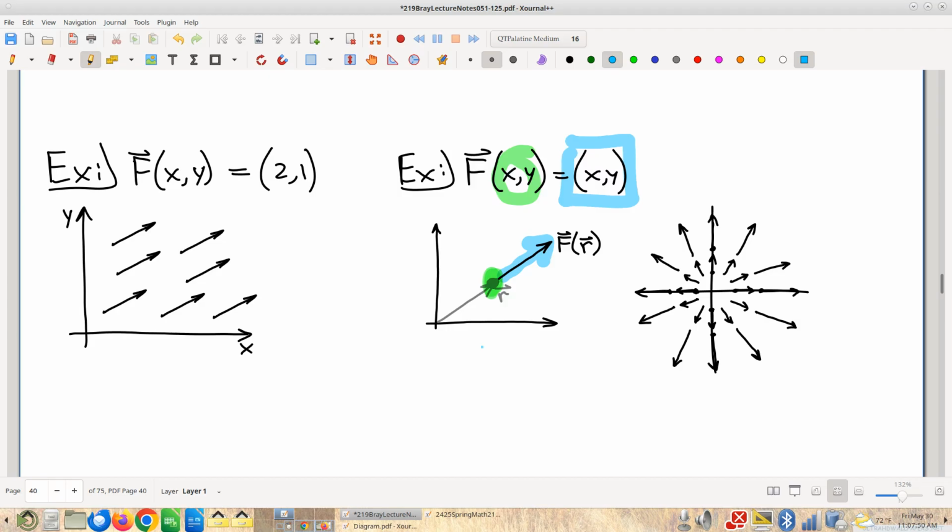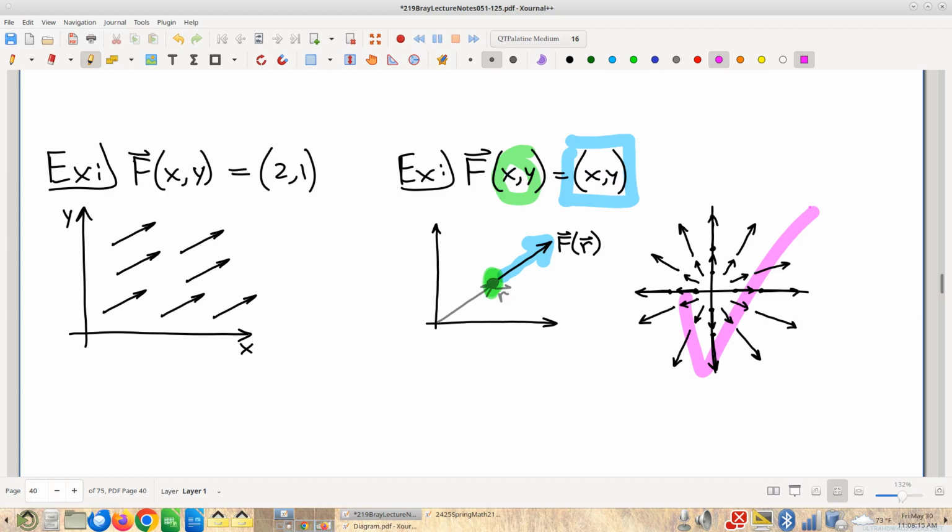And you see this vector field, wherever you are, points radially outward from the origin. And the further you are from the origin, the longer your field vector is. So you put it all together, do this for every point in the plane, and you get that.